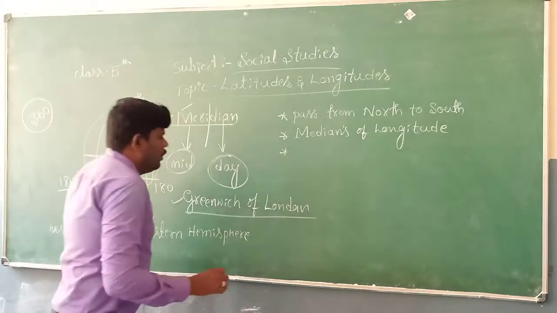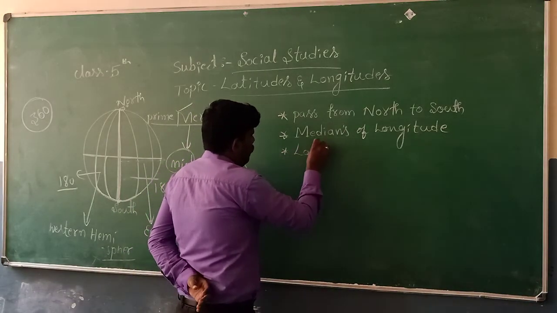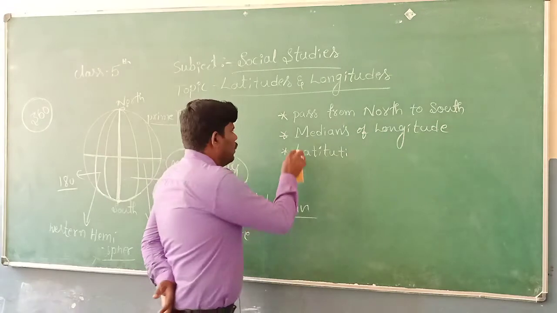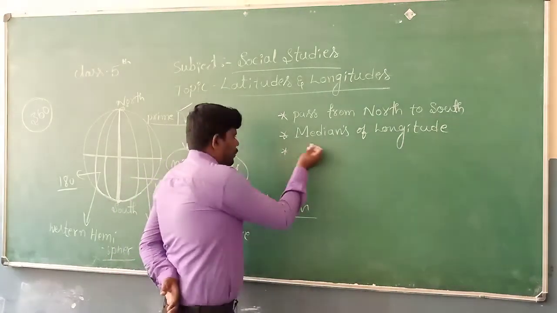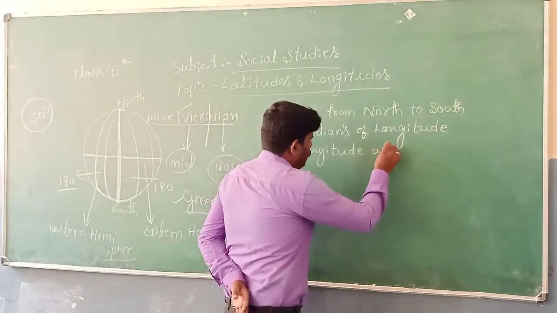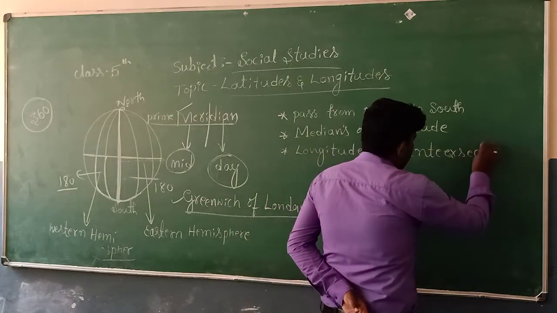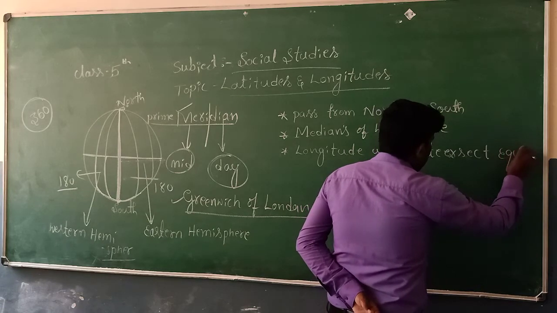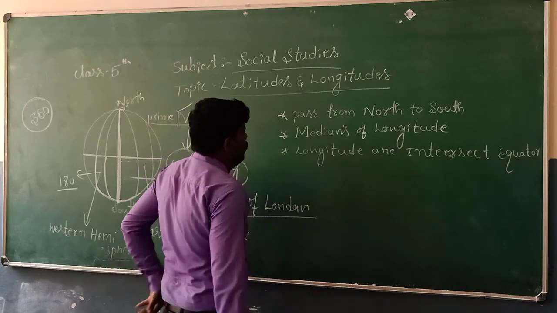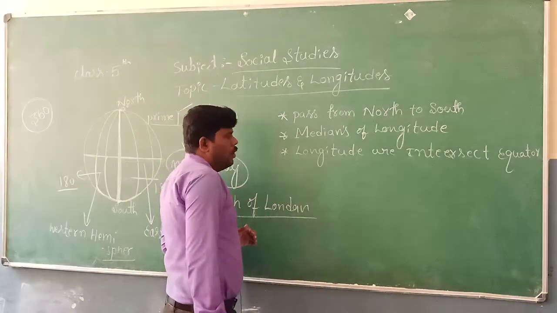Next, latitudes and longitudes intersect each other. Longitudes intersect the equator and pass from north to south.